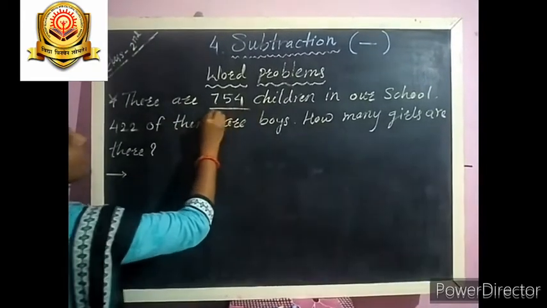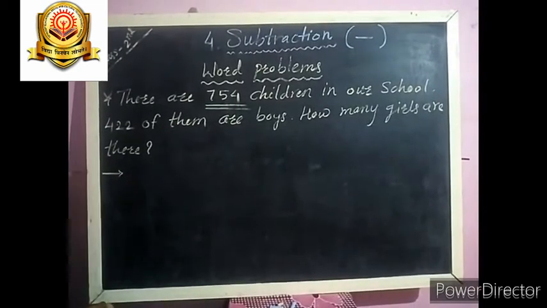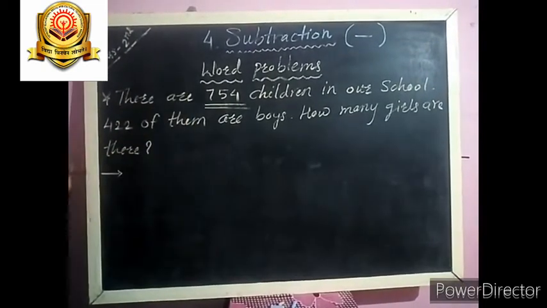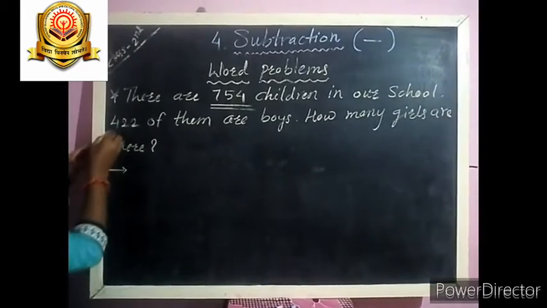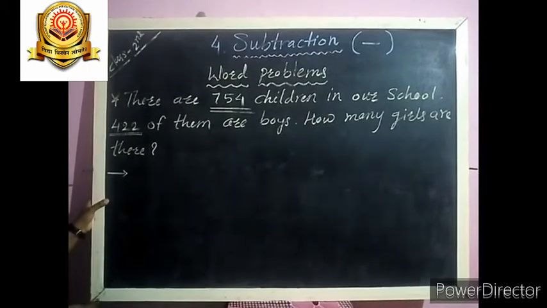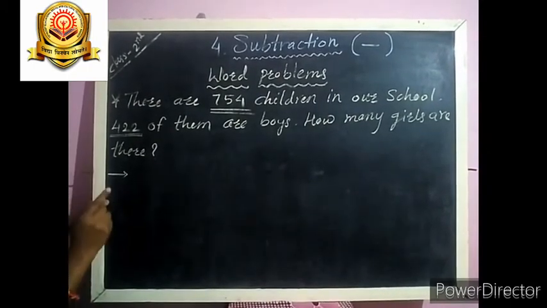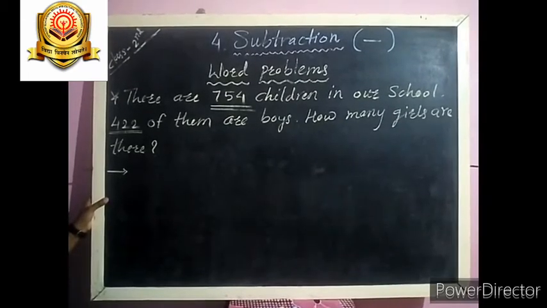In a school, 754 children are there. And out of 754, how many boys are there? 422 boys are there. So students, we have to find out the number of girls. So we need to do subtraction.